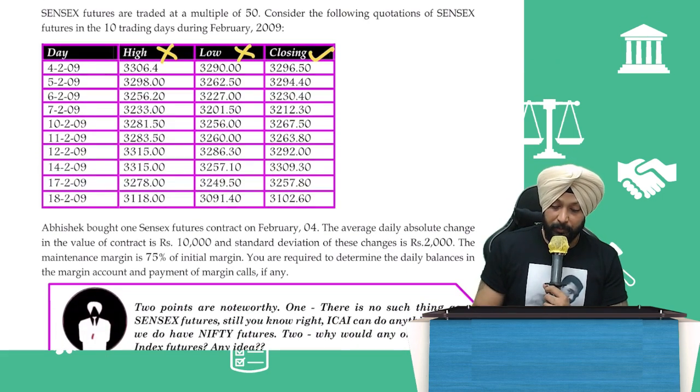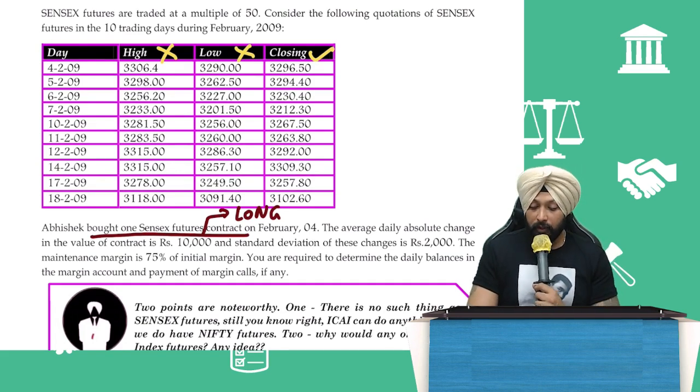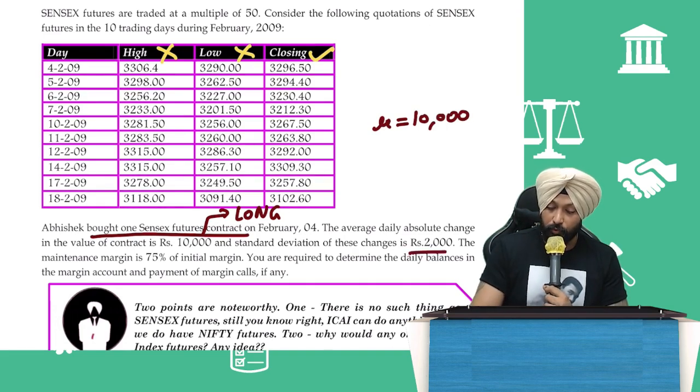Now what they're saying is Abhishek bought one Sensex future contract. Bought means he's bullish on the overall market and he has taken a long position. Now the average daily absolute change in the value of the contract is given as 10,000. That is the mu value given, 10,000, and the standard deviation is 2,000.